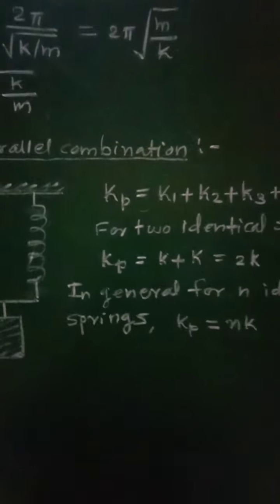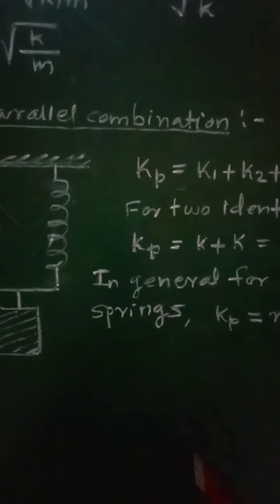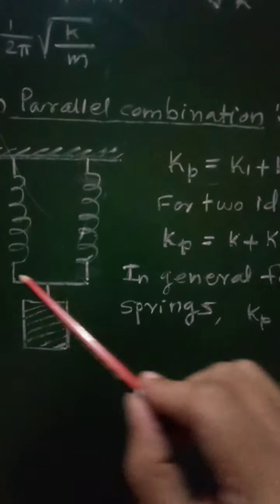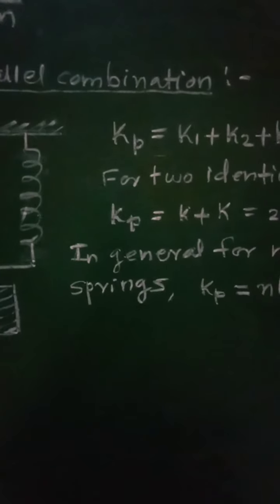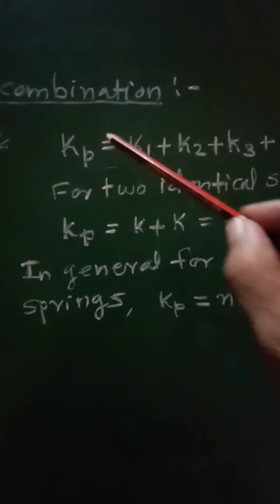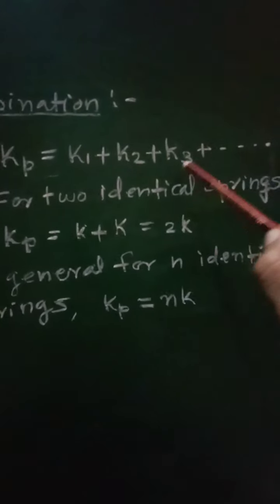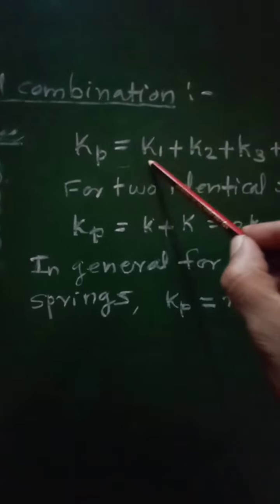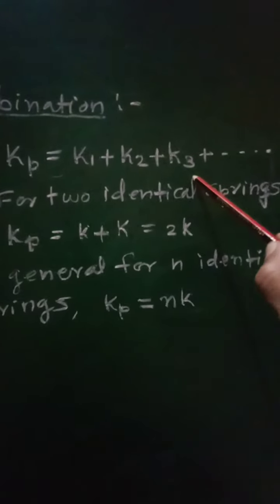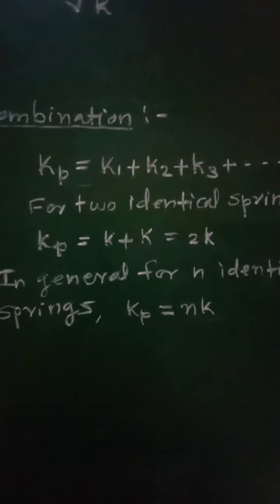In this case, if Kp represents the effective force constant for the parallel combination, then for springs having force constants K1, K2, K3 and so on, Kp equals K1 plus K2 plus K3 and so on.